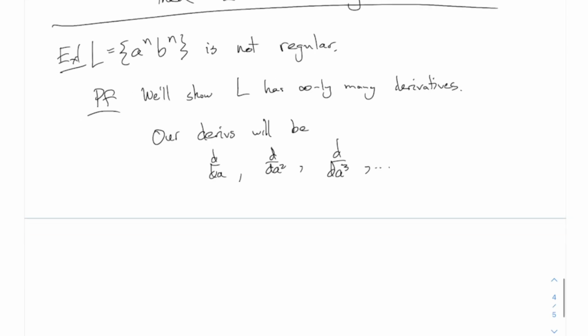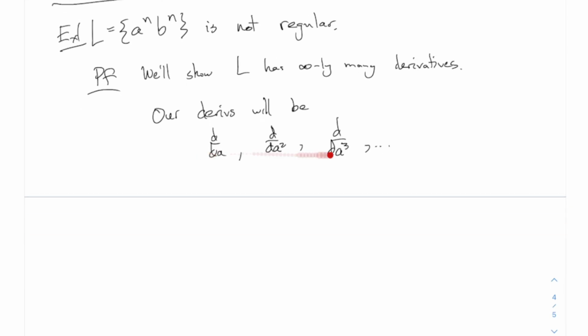The reason I chose these is because the strings in this language consist of a whole bunch of A's first, followed by a bunch of B's. And so I want to try to cancel off some of those A's. This first derivative will cancel one A from the beginning. This will cancel two A's from the beginning. This will cancel three A's from the beginning. And the results will all be different.